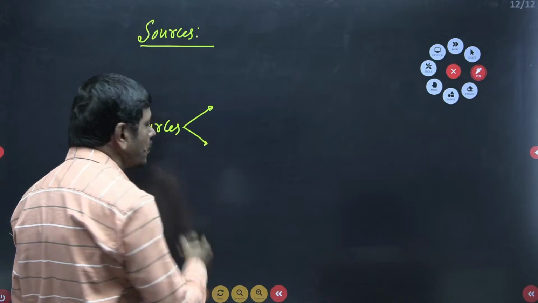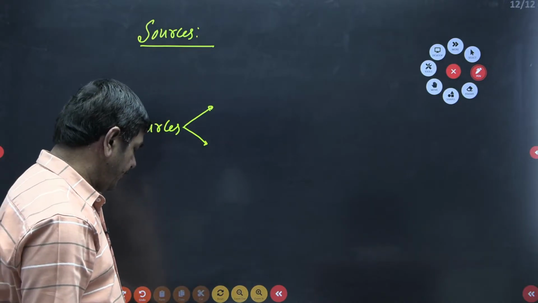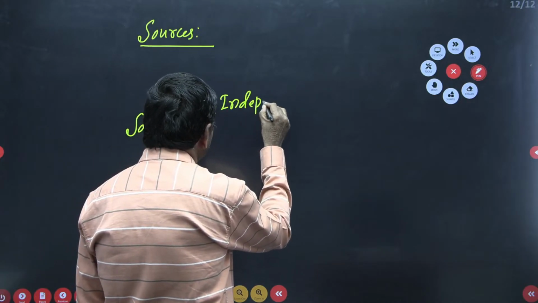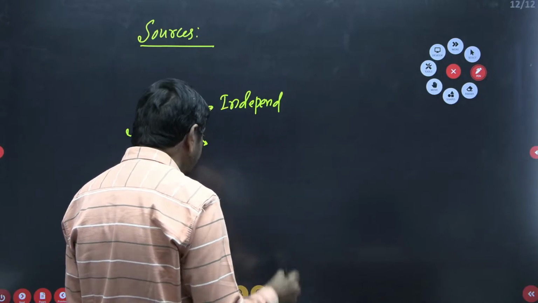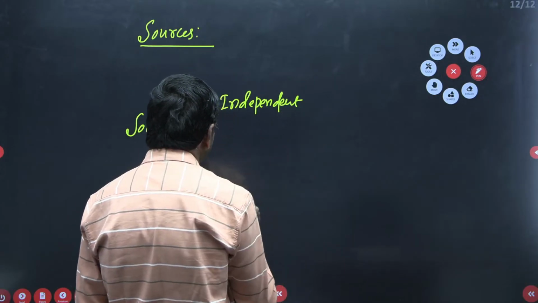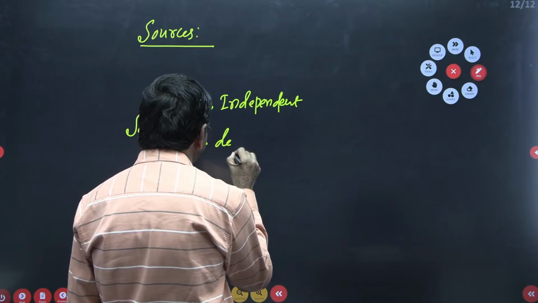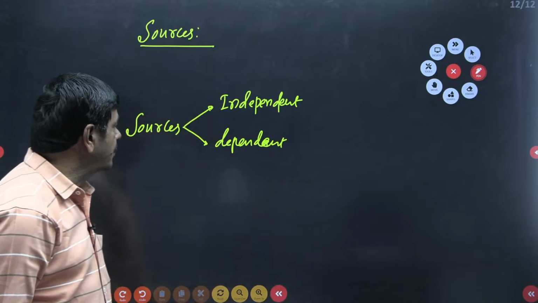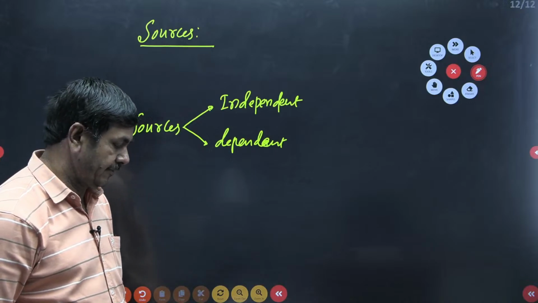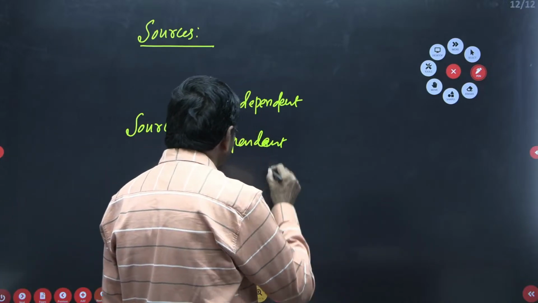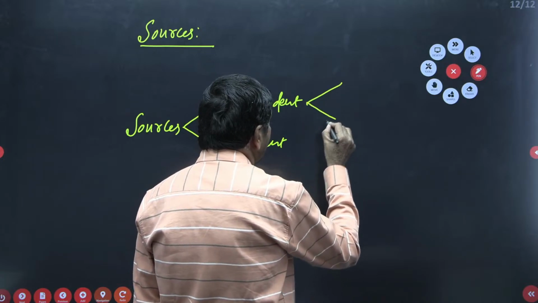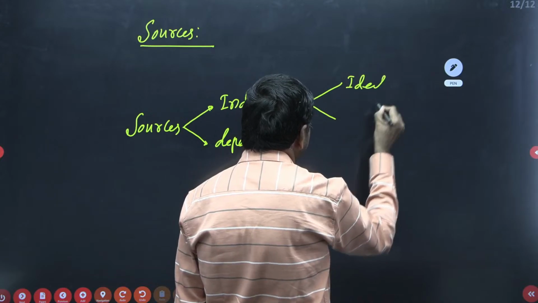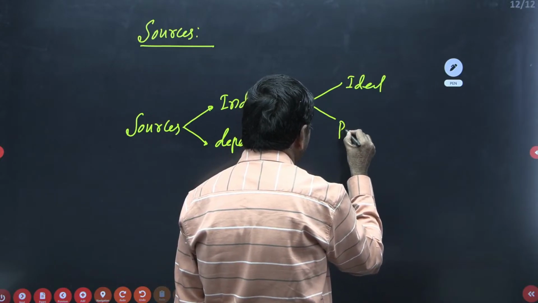One is independent source. The second one is dependent source. Independent and dependent sources, two types are there. Again, independent sources are of two types: one is ideal source, the second is practical source, which is said to be non-ideal.